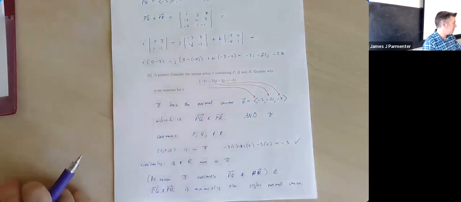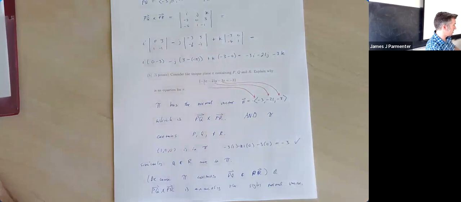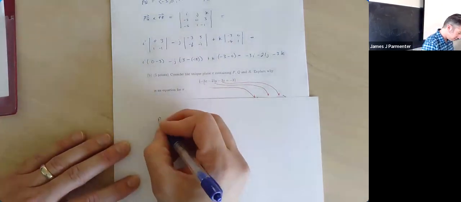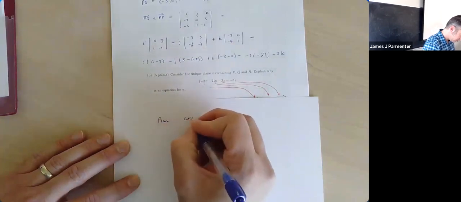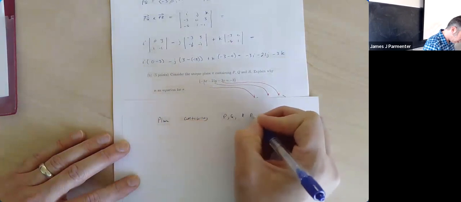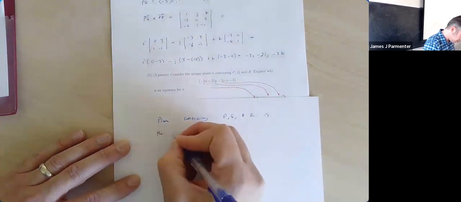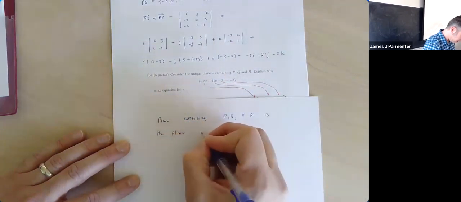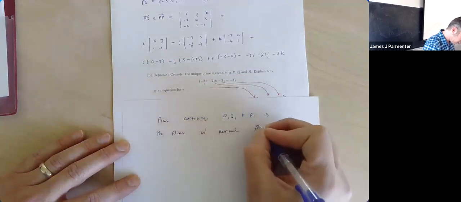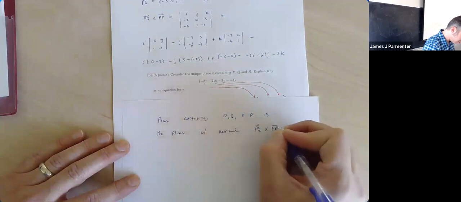You could have just said, I'm going to go through the process of finding the equation of the plane. And I know that the plane containing P, Q, and R is the plane with normal vector PQ cross PR.